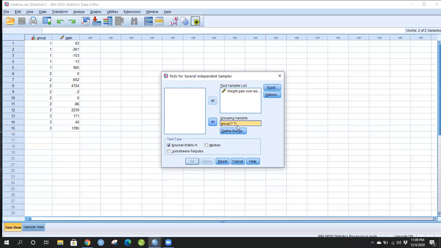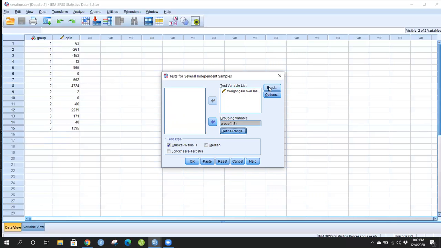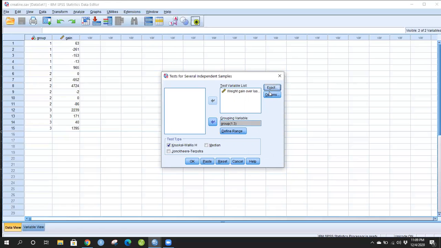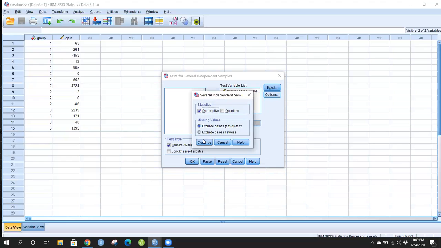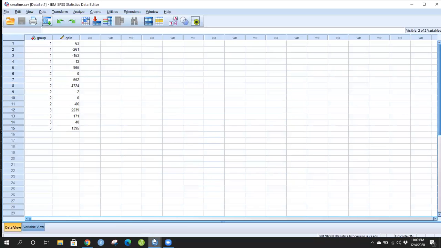Once you put it here, it asks you to define the range. The minimum is 1 and the maximum is 3, so you put 1 here, 3 over here, and continue. Then Exact, 5 minutes, Options, Descriptives, continue, Kruskal-Wallis H, and then click OK. Once you have done it, you would be able to get this output.